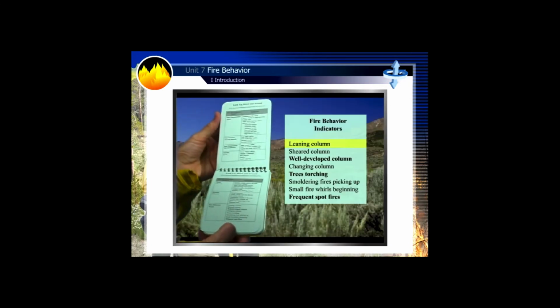This unit addresses the 8 indicators for fire behavior. Fire is a heat source. Therefore, it influences and modifies the fire environment. Constantly monitor fire behavior by observing column characteristics, flame length, and rate of spread.